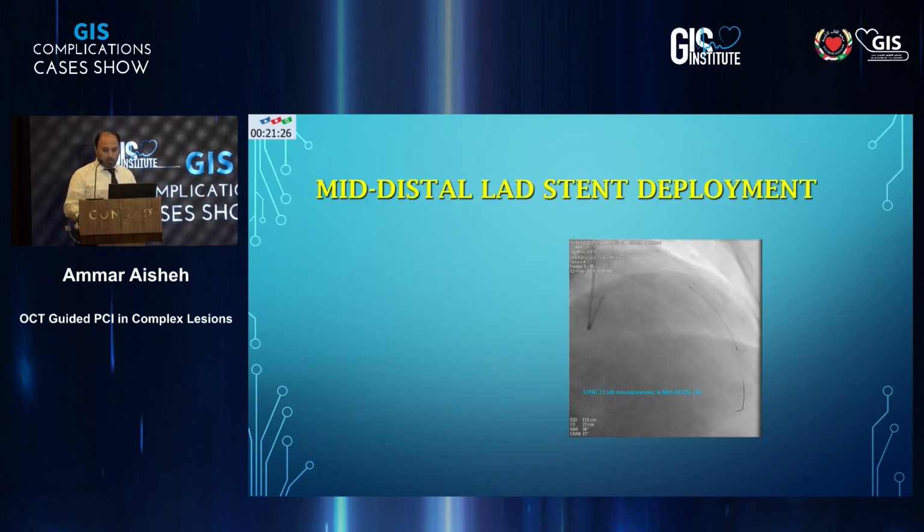We deployed the first stent from mid to distal LAD with a drug-eluting stent, 2.5 by 48, deployed in the mid to distal LAD. What was the size of the stent again? The stent, 2.5 by 48.